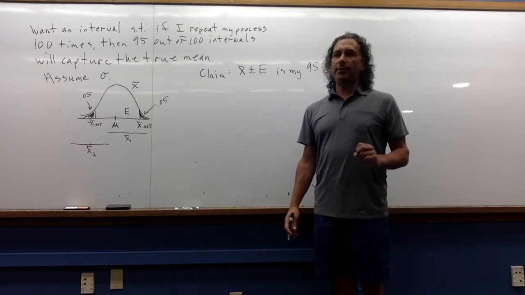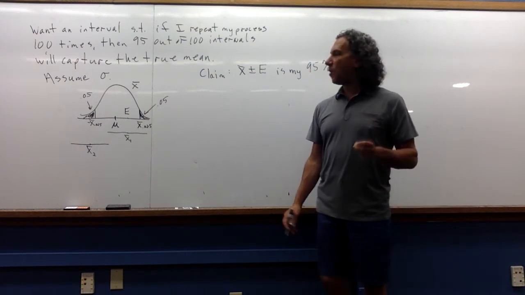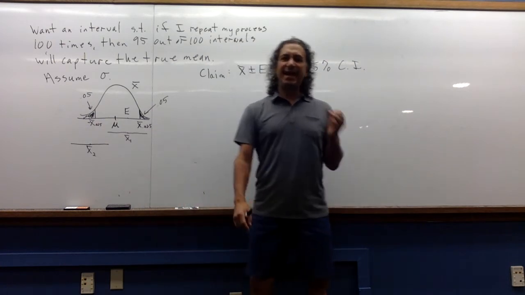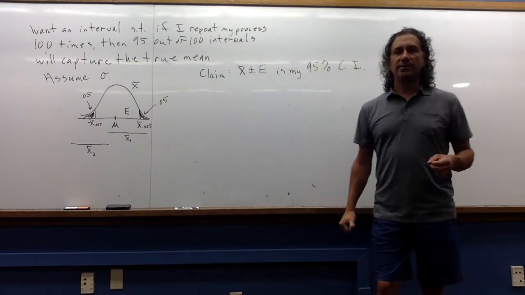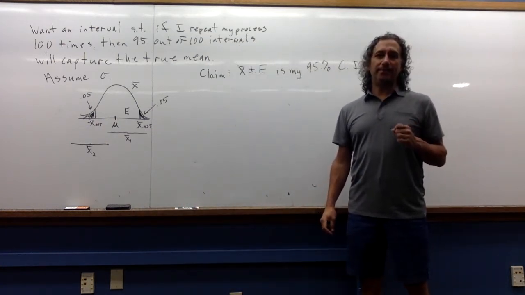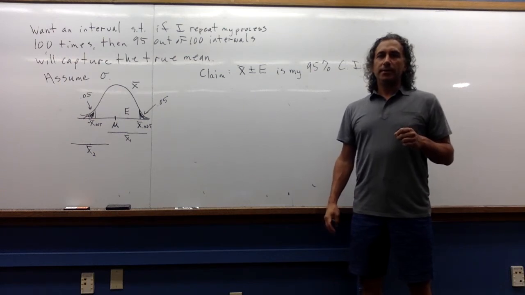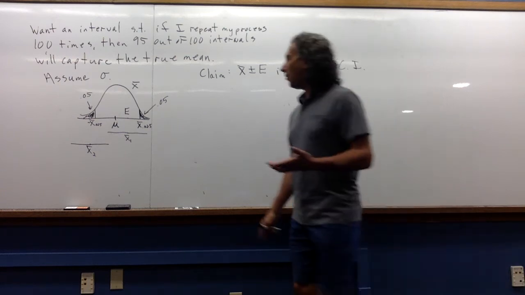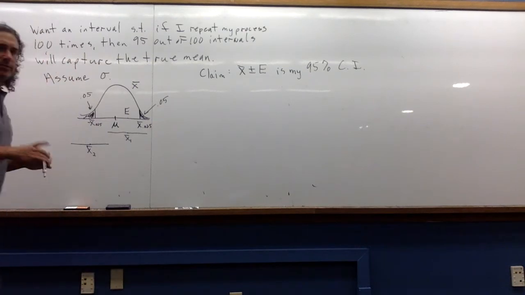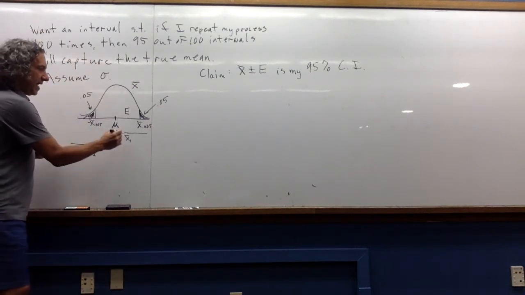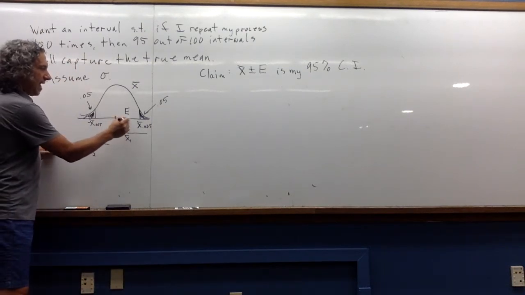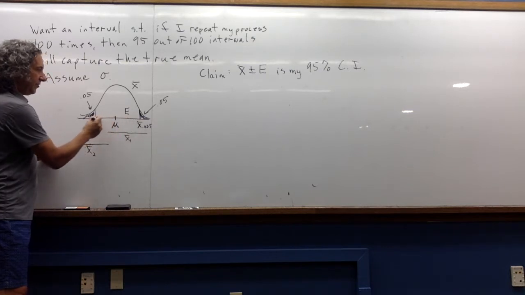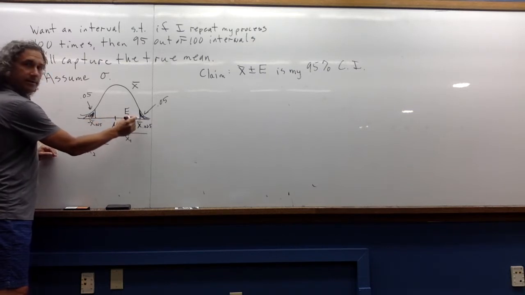Pause the video and convince yourself why in this process, 95 out of 100 times, I will capture the true mean. Hopefully you paused the video and you said, oh, well, the only way for me to capture the true mean is if my x bar sub i happens to be in this region.